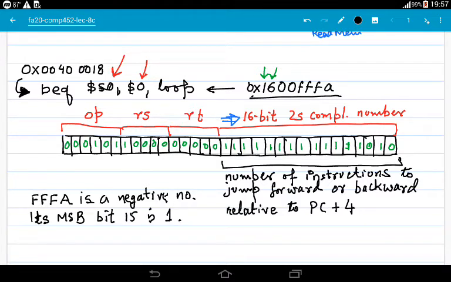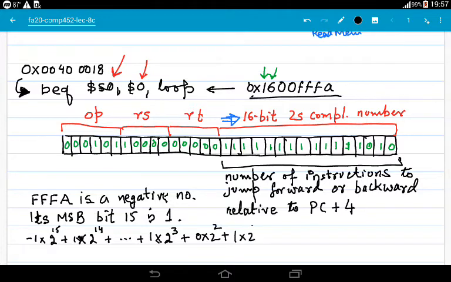So what will be its value? Its value is minus 1 multiplied by 2 raised to power 15, plus 1 into 2 raised to power 14, plus so on, plus 1 into 2 raised to power 3, plus 0 into 2 raised to power 2, plus 1 into 2 raised to power 1, plus 0 into 2 raised to power 0.